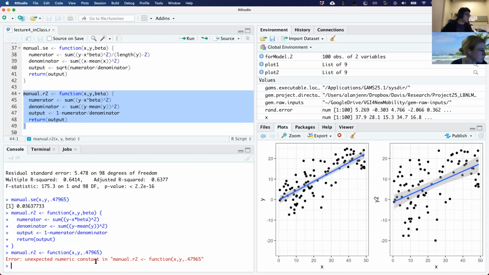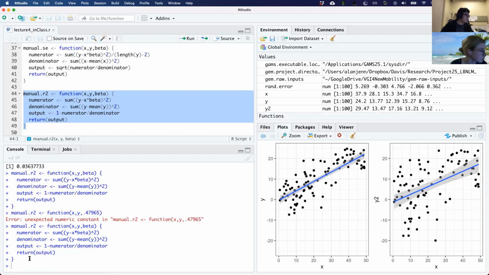Oh, you know what? I wrote it totally wrong. So let's run this again. It should be manual.r2 xy. There we go. So 47965. Okay.